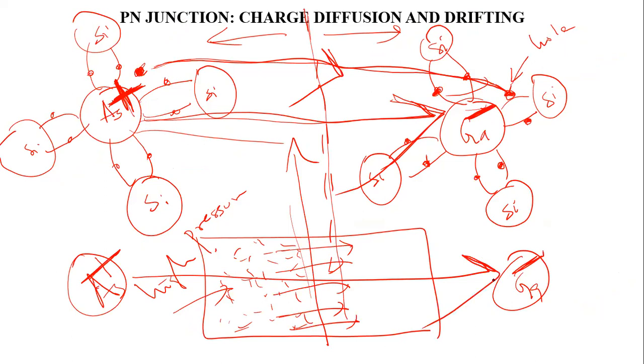Now, here you see that there are negative ions on the p side of the junction. This is the p side, and on the n side of the junction there will be positive ions.